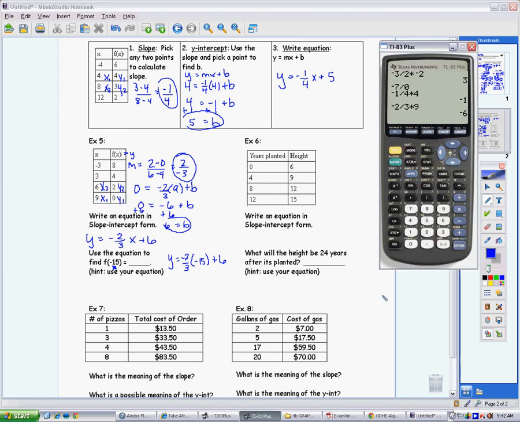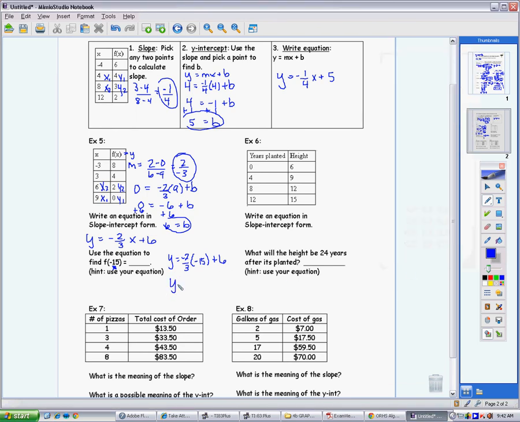Again, you can use your calculator. We can type in negative 2/3 times 15 plus 6, and that evaluates at negative 4. So y, or actually I should write f of x, is negative 4. F of x is negative 4.